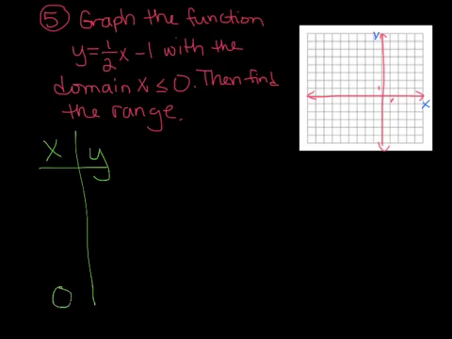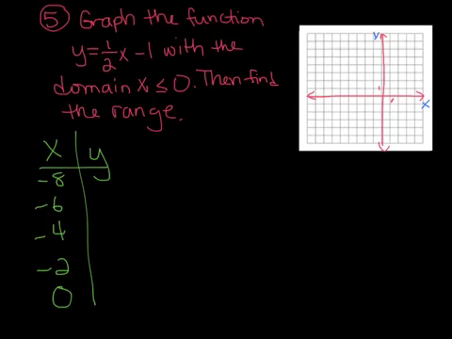I can choose -1, -2, -3, but that would be complicated for the odd numbers because then I'm going to get a fraction. So I'm actually going to choose only evens to make my life a little easier. So I'm going to do -2, -4, -6, and -8. Notice how I put these in numerical order from least to greatest. If you forget and you do the 0 first, that's fine. But in this case, I did put them in order nicely.